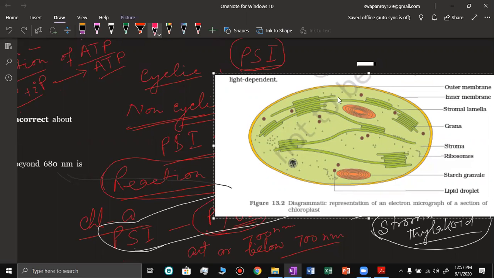These are the grana. These are made of the thylakoid, and this tube-like structure that is connecting is called the stroma thylakoid.